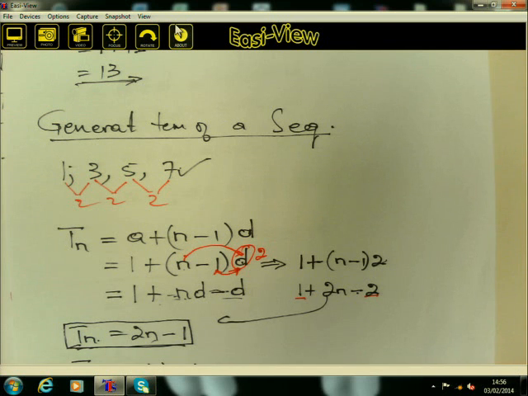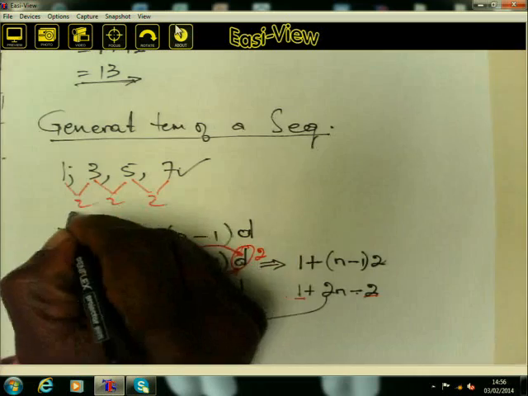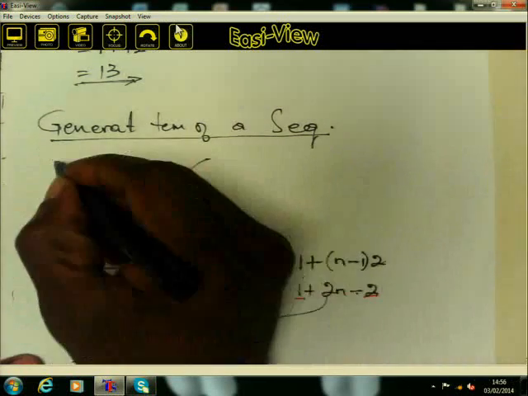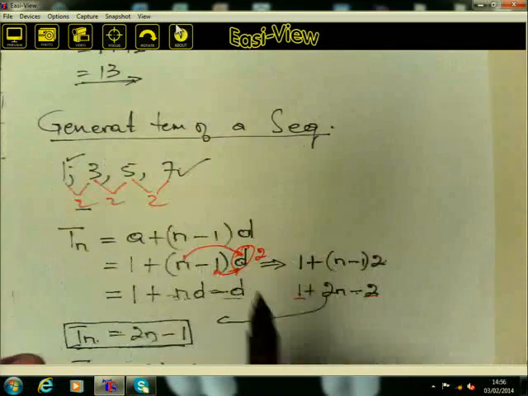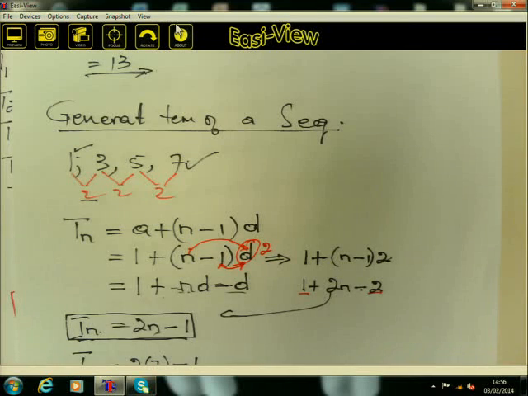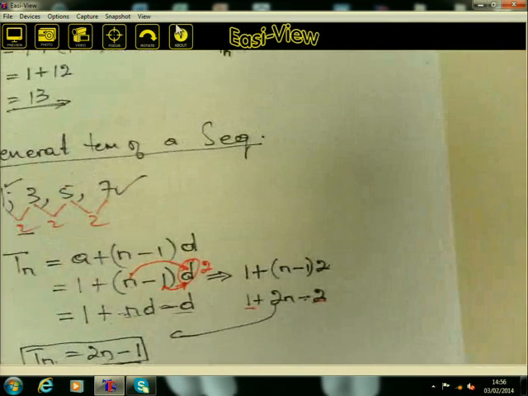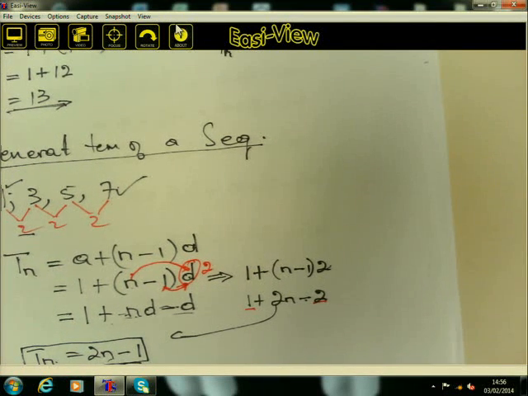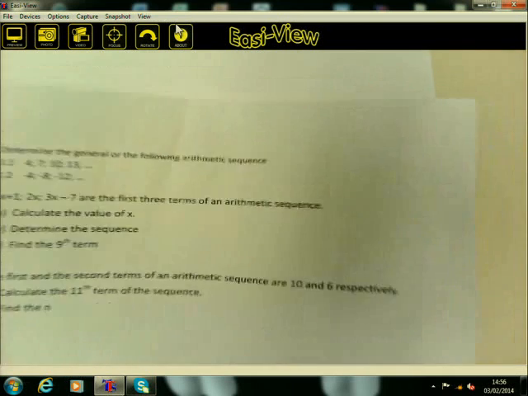So now, to find the general term, the difference must be known, as we know the first term when the sequence is given. So let us make an example once more and take a question where we are going to look for the general term. We are going to do it together here.